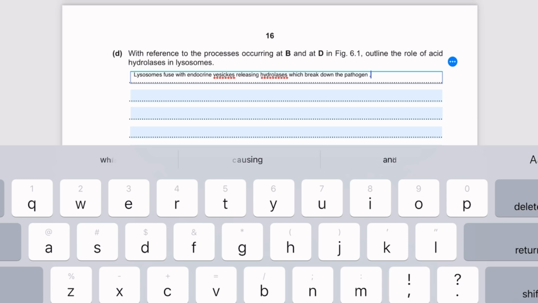Okay, break down the pathogen, just kill it, or just break down its organelles, overall kill it.